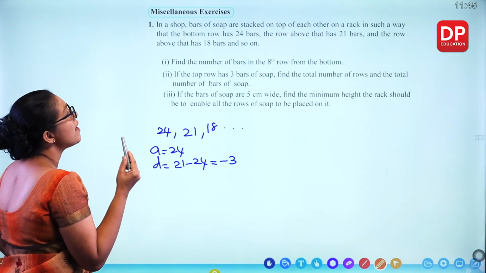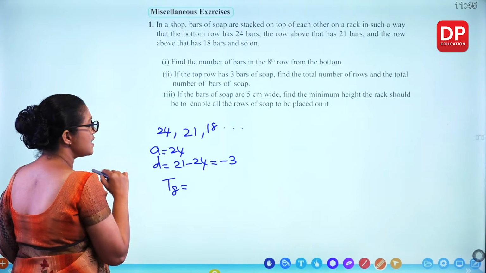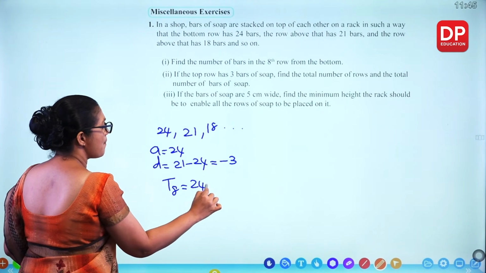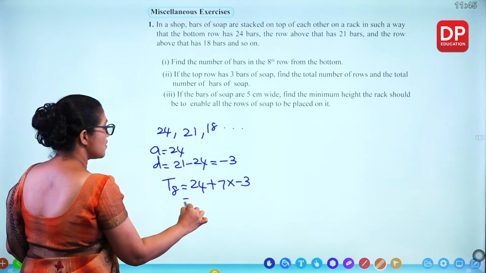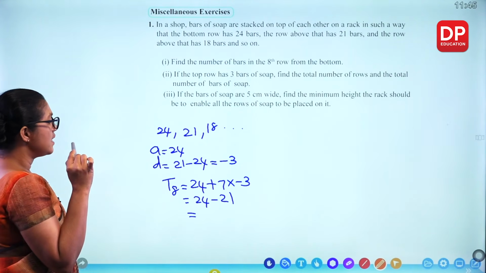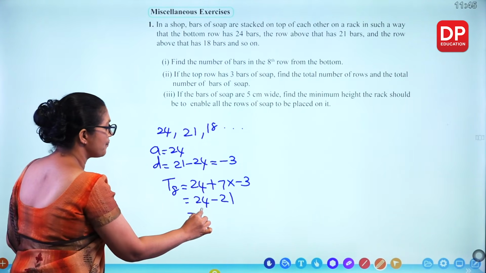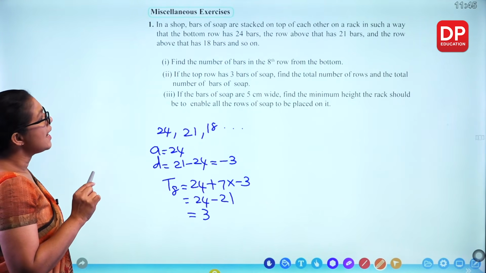How many bars are there in the 8th row? T8. T8 is a plus n minus 1 times d, which is a plus 7 times d. So 24 minus 21. How many bars are there? 3 bars of soap in the 8th row.